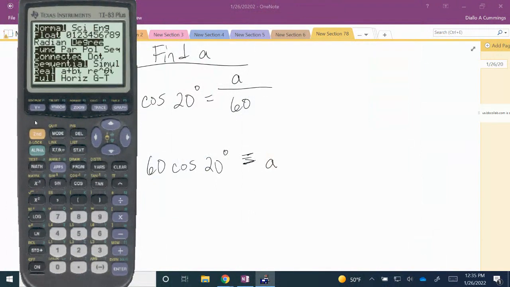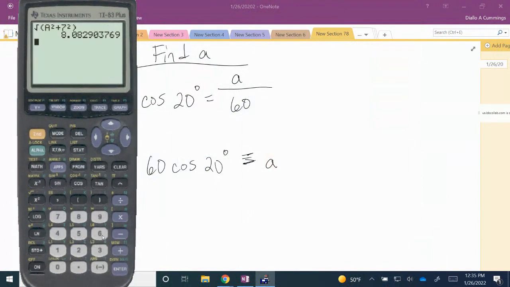I'm in degree mode. So this is 60 times the cosine of 20 degrees. And we have 56.4. Oh, excuse me, that's not degrees. We have 56.4 in length. So 56.4 is equal to A.